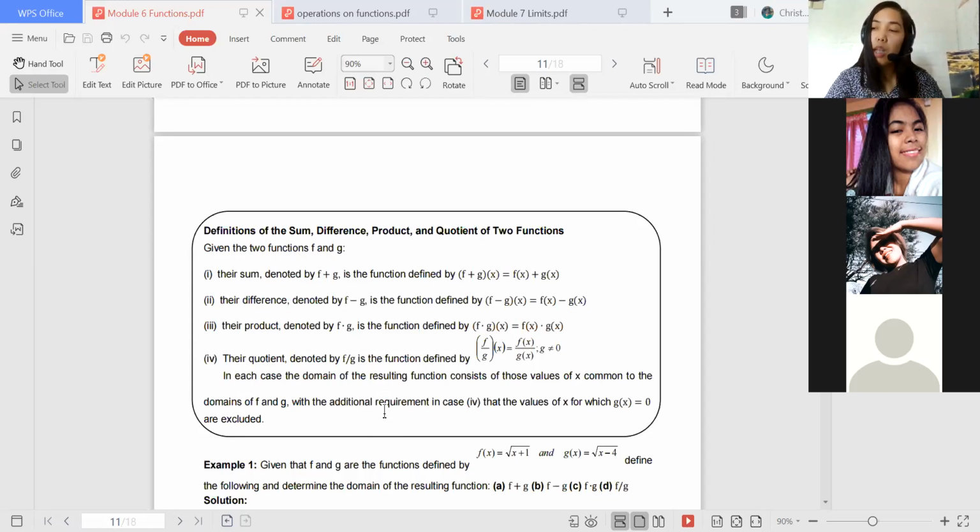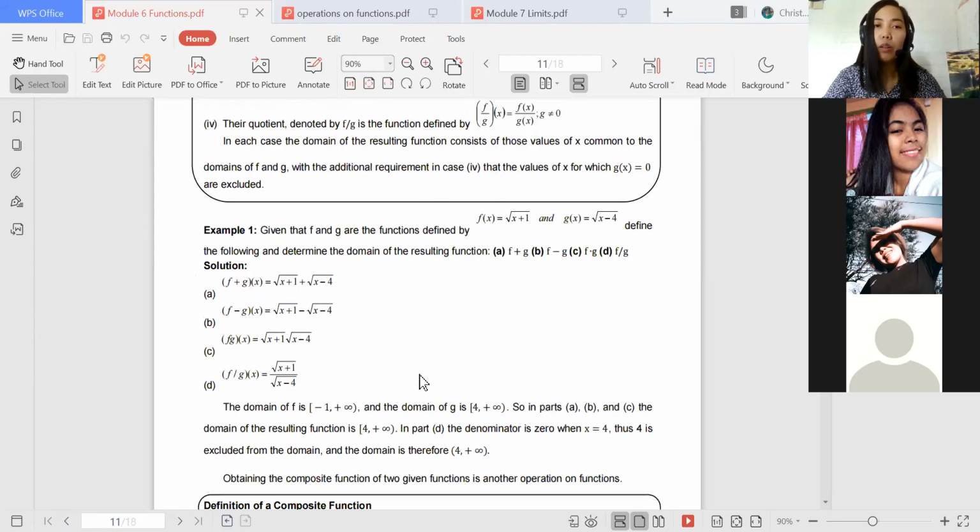So when you combine the two functions, you're going to determine the domain of that, with the additional requirement in case 4 that the values of x for which g of x is 0 are excluded. So the fourth one is rational. So pag rational, there is a restriction for domain, right? That the denominator should not be equal to 0.